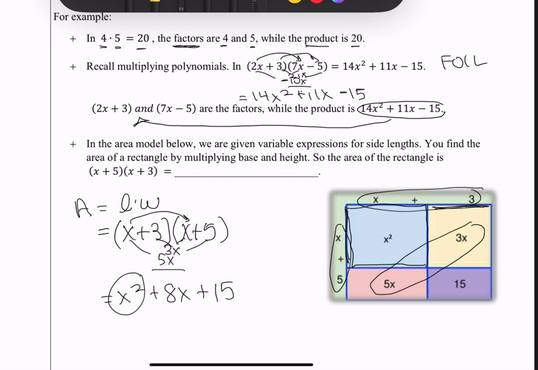And the same thing down at the bottom where you have a length here of x and a length here of 5. And then the last rectangle here came from having a side of 3 and a side of 5 to give us 15. So that's another way of looking at it. So altogether, the area of this rectangle can be written as a quadratic expression, x squared plus 8x plus 15.